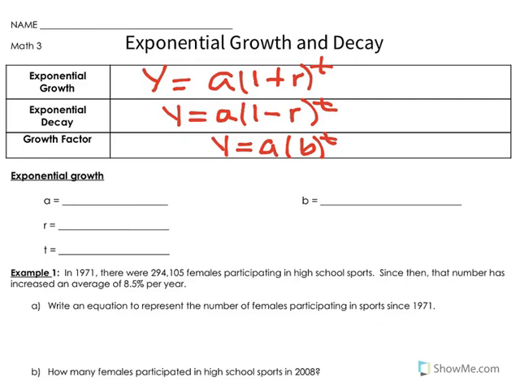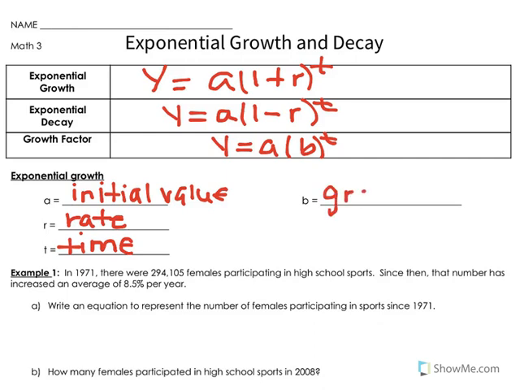A is your initial value. R is your rate. T is the time. And B is the growth factor.